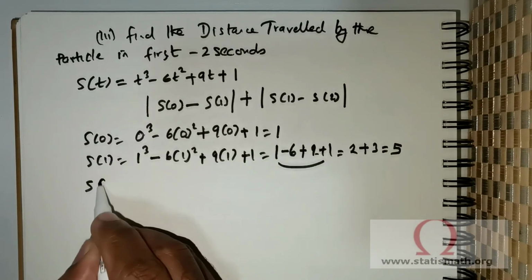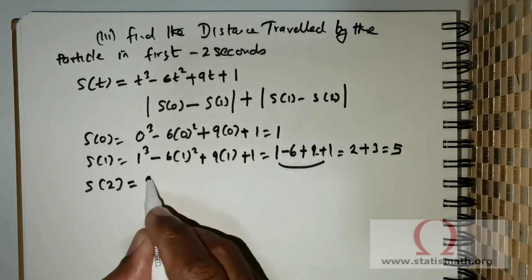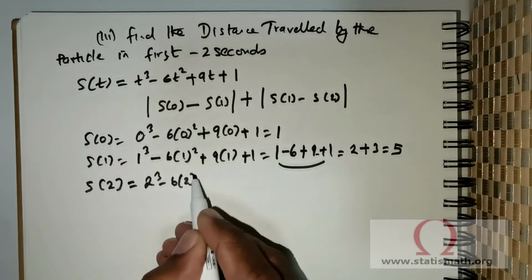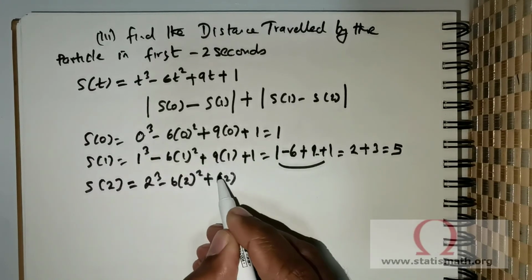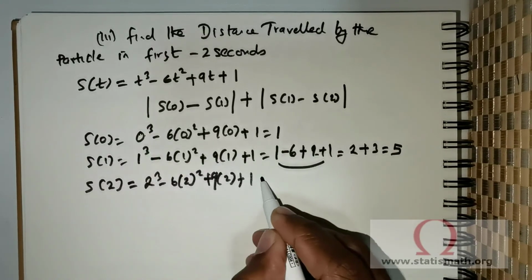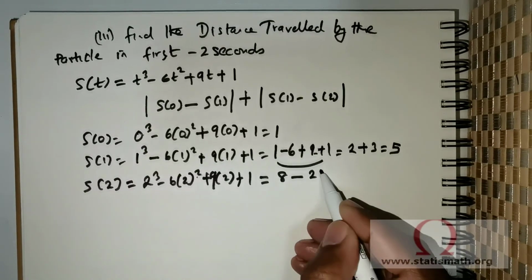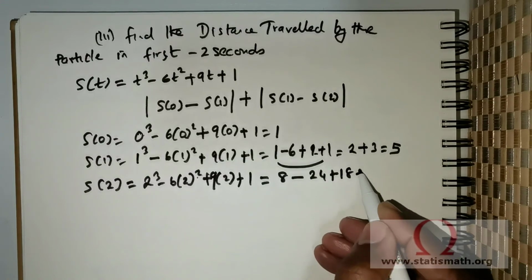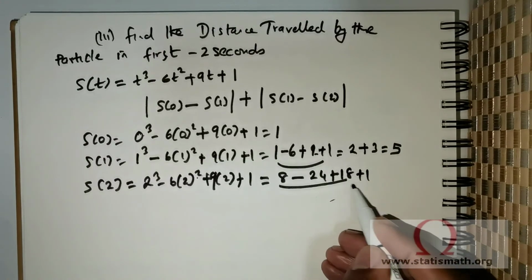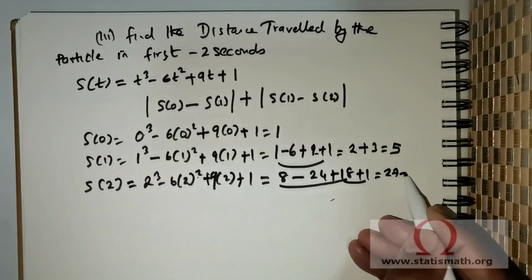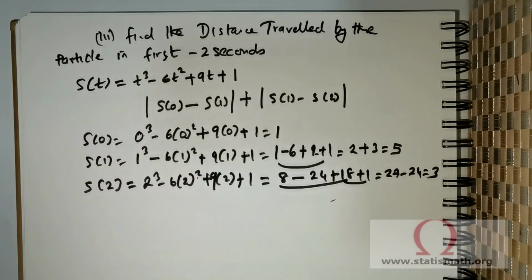Now s of 2 you have to find out. That's going to be 2 cubed minus 6 times 2 squared plus 9 times 2 plus 1. 2 cubed is 8, 2 squared is 4, so that's 24, plus 9 times 2 is 18, plus 1. This gives 27 minus 24, which is 3.